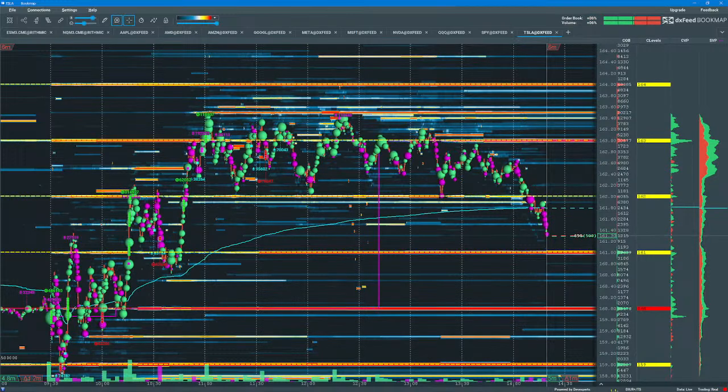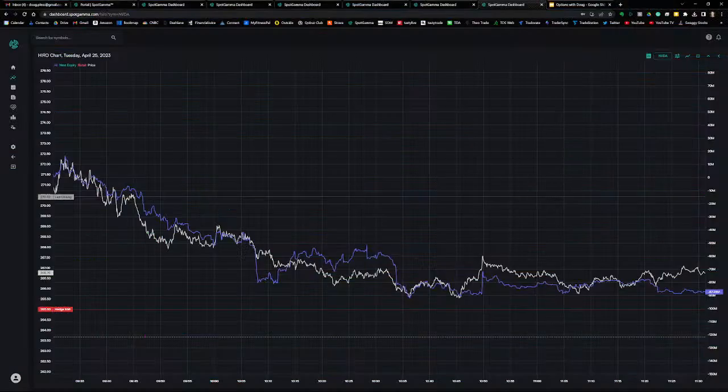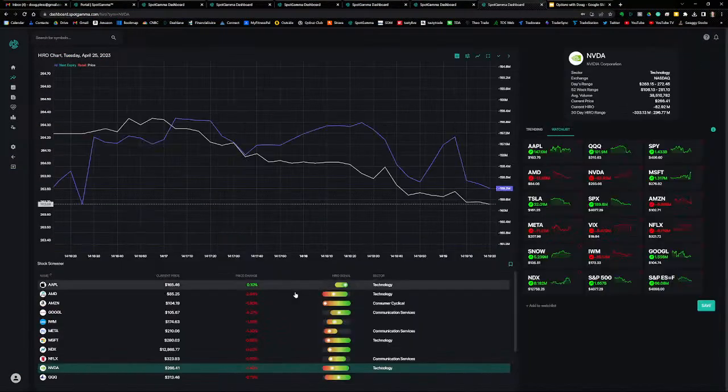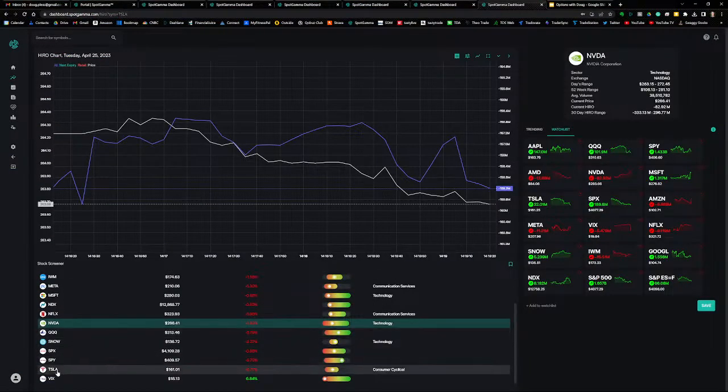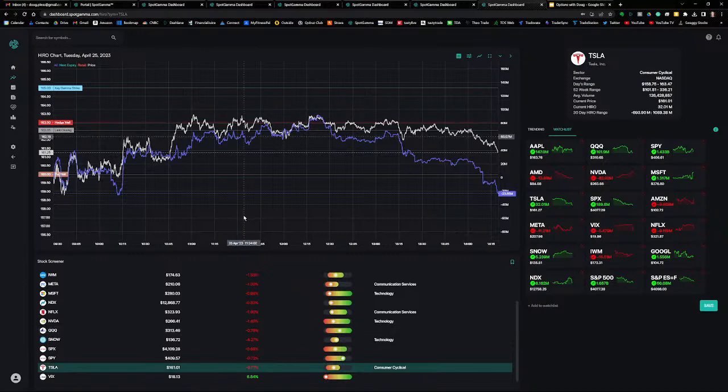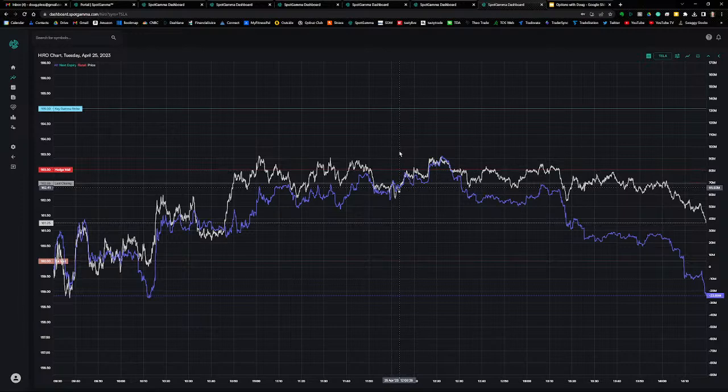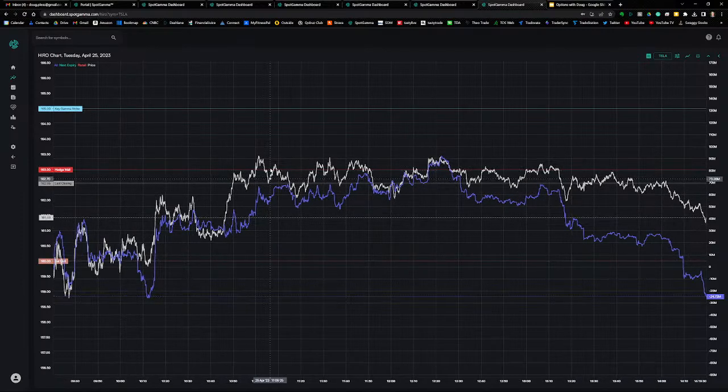Let's take a look at Hero for Tesla. With Tesla, there's typically a strong correlation between hedging flow and price action. And notice, again in the morning, a strong correlation, uptrend.